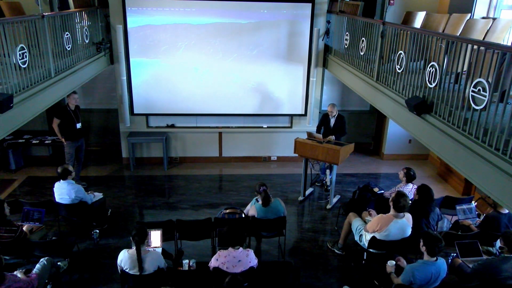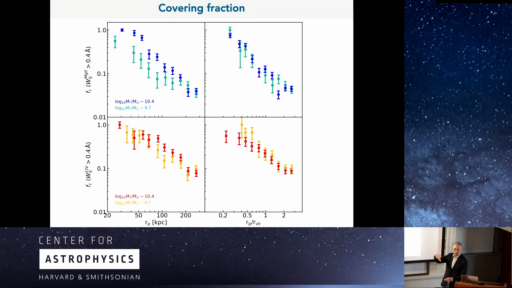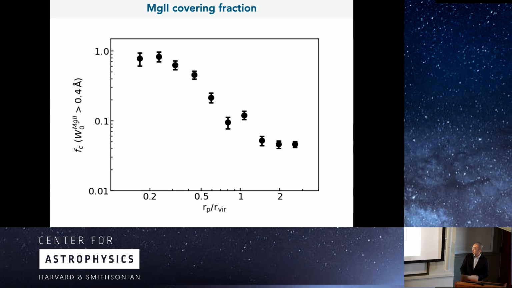So in fact, although in my talk I just showed the average absorption, actually people also like to estimate covering fraction, which describes the area covered by the absorption lines, and we can compare the covering fraction redshift evolution. So this is the covering fraction for magnesium-2 at redshift 1.5 from this work, and it's just including the absorption line strength higher than 0.4 angstrom.